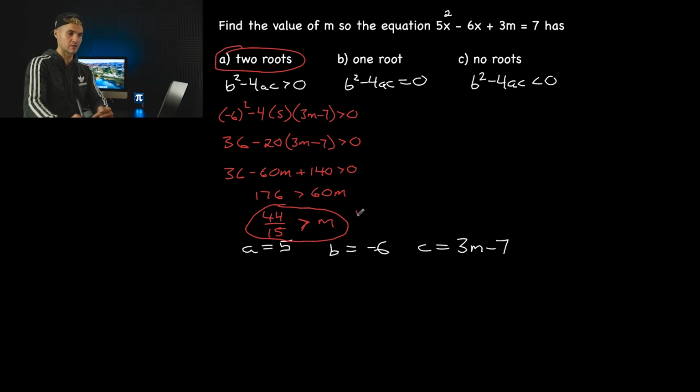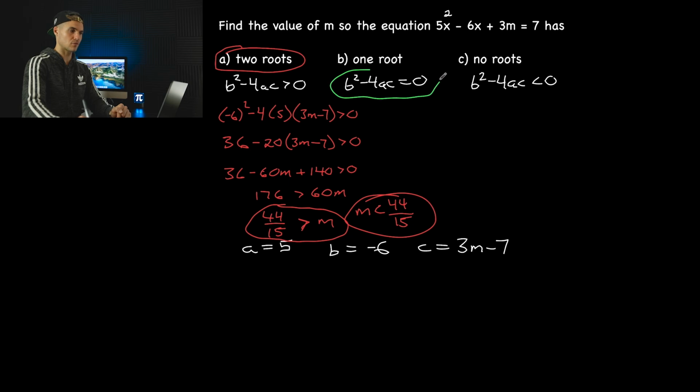Another way you could write this, if you want to put the variable on the left side, is m is less than 44 over 15, right? Both of these are the same. So if m is less than 44 over 15 in this equation, then there's going to be 2 solutions. There's going to be 2 roots to that equation.